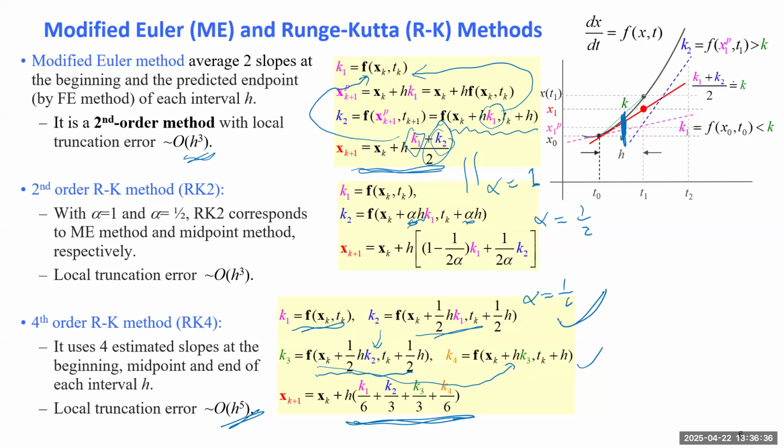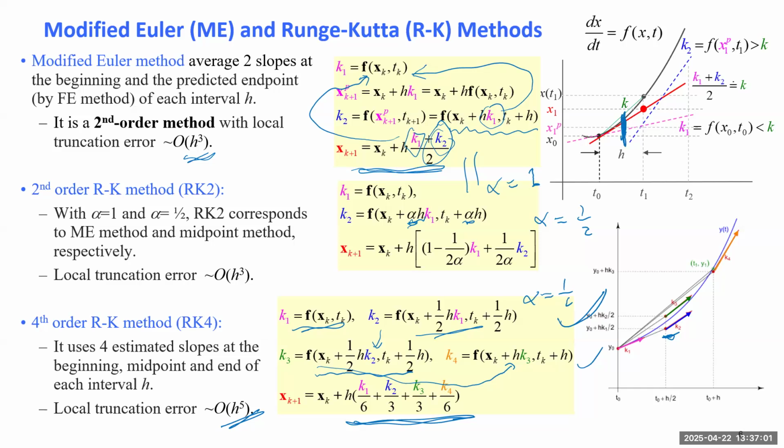I don't draw those tangent lines on that figure because that would be too busy. But on Wikipedia, there's a very good figure to illustrate what happens. You see K1 is at the beginning. Using K1, you can calculate K2.